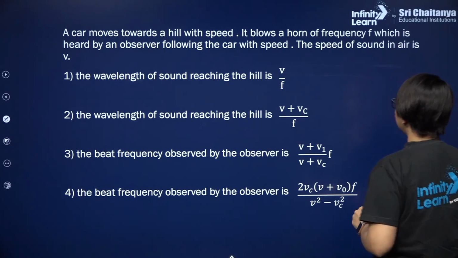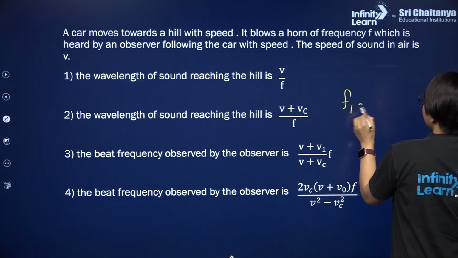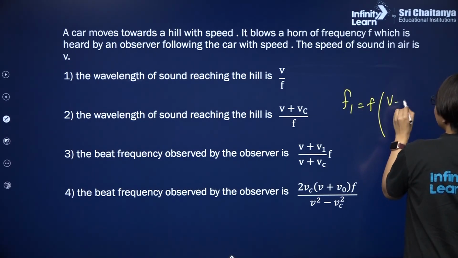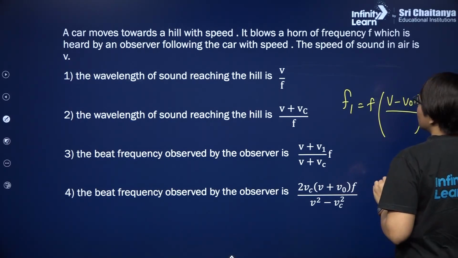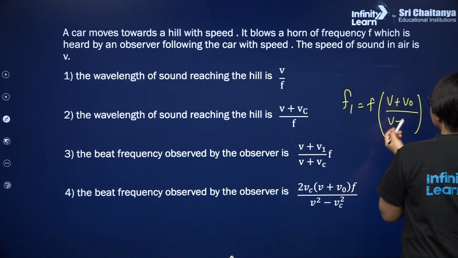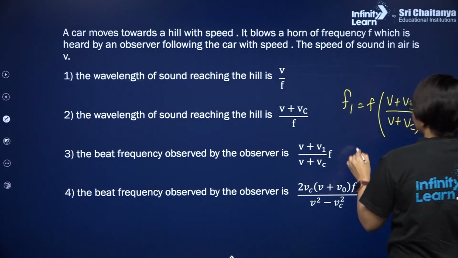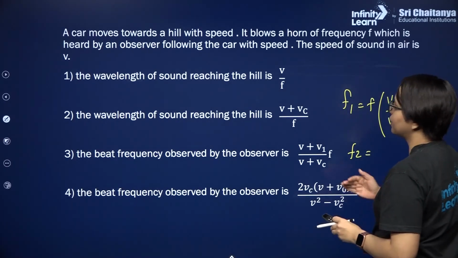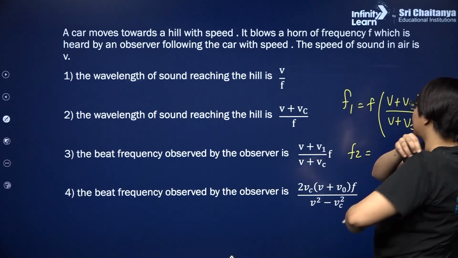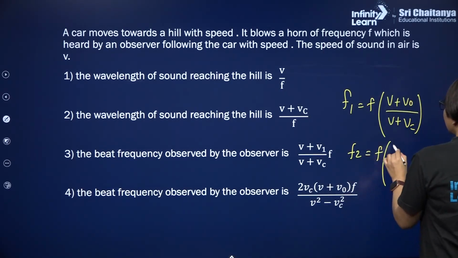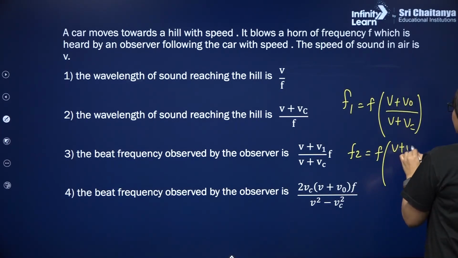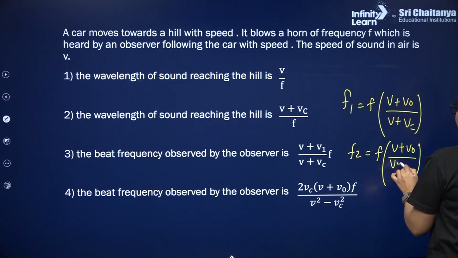So the observer will hear direct sound having apparent frequency f1 as f into v minus vo, because observer v plus vo divided by v plus v of car, because source is moving away from the car, and the echo from the hill will be heard by the observer with apparent frequency f2, which is f into v plus vo divided by v minus vc.